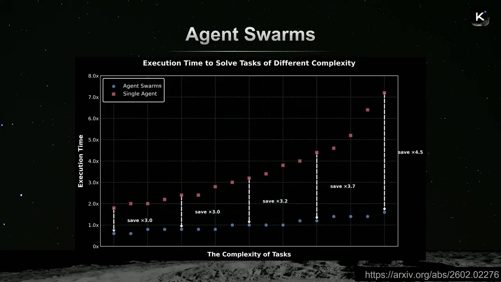And this is another perspective to look at this new paradigm. The x-axis is the complexity of the task, and the y-axis is the execution time. And the complexity of the task is measured by the accuracy of a group of models on such tasks. So you can see that with agent swarms, it's going to substantially reduce the execution time compared to single agents.